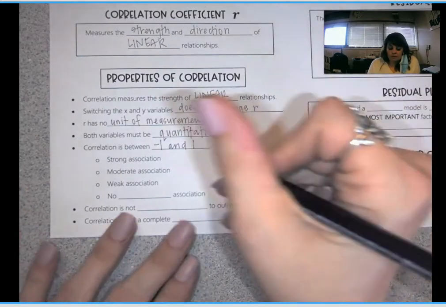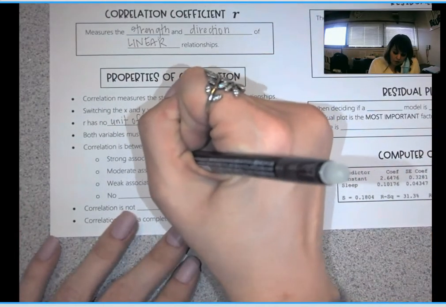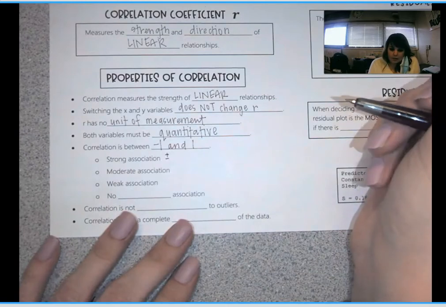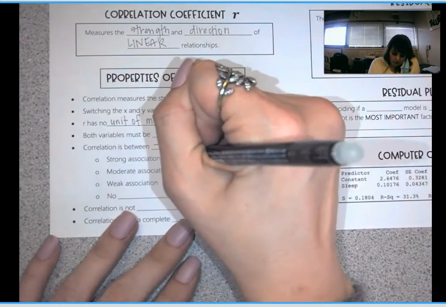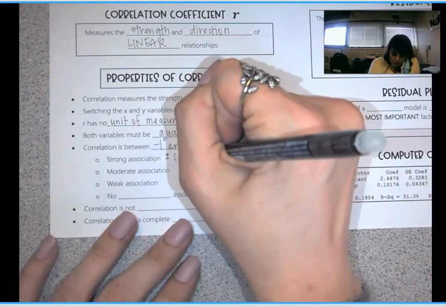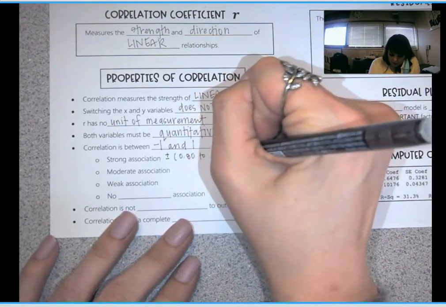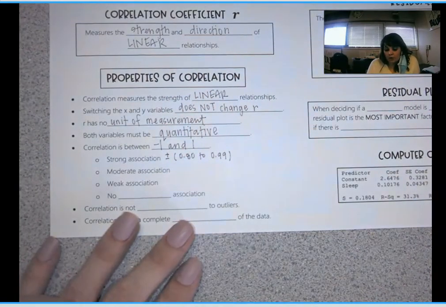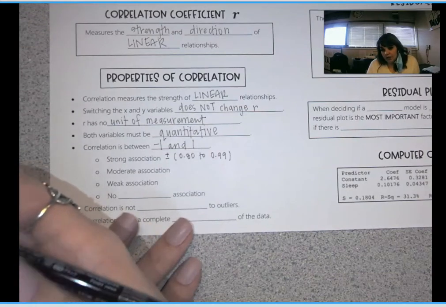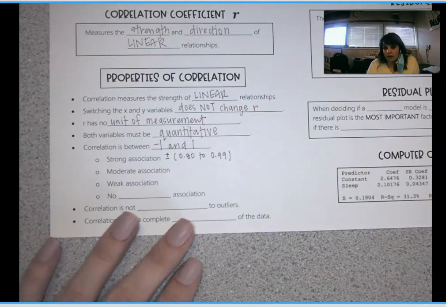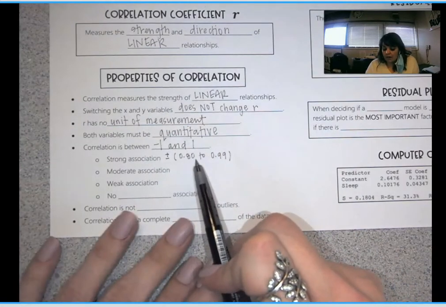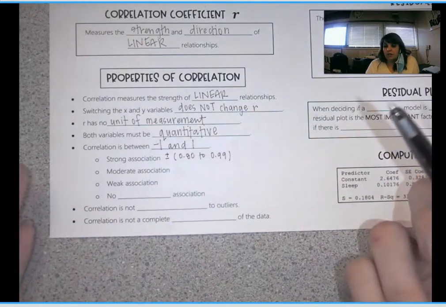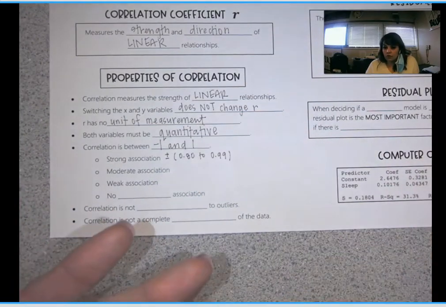So for instance, for strong association, what you're looking for is a positive or negative about 0.8 to about 0.99. A 1 would be a straight line, a perfectly straight line. So if you got one that was 0.79 and you said that was a strong relationship, you're not going to be marked wrong because you said it was strong, but the guideline is 0.8. That's close enough. So you do the best that you can.